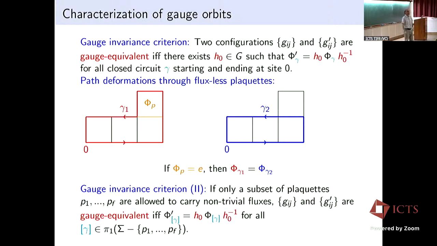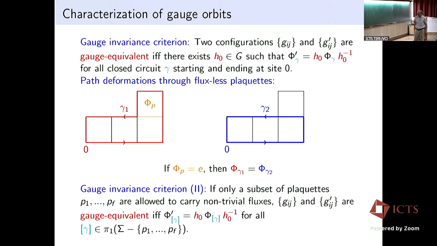But what I'm saying is not exactly true, and I will come back to the statement when I discuss the quantum version of the model. But it's very important to understand what is called the set of gauge orbits. That is, how many families of configurations I have, where configurations related by gauge transformation are in one family.